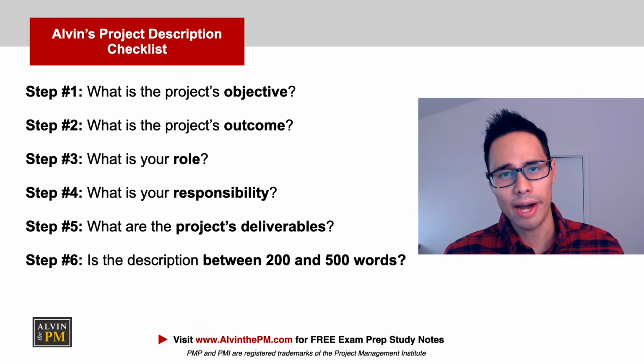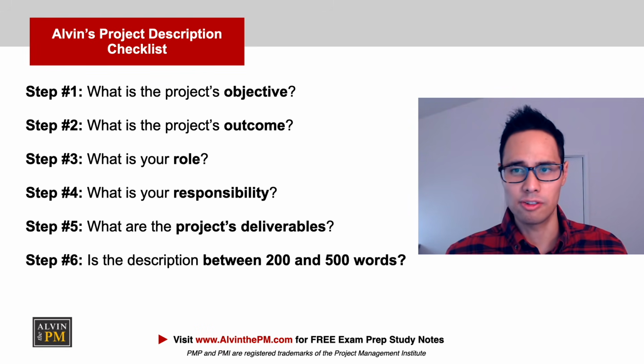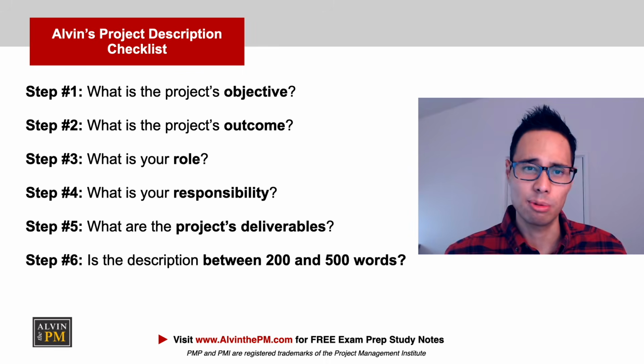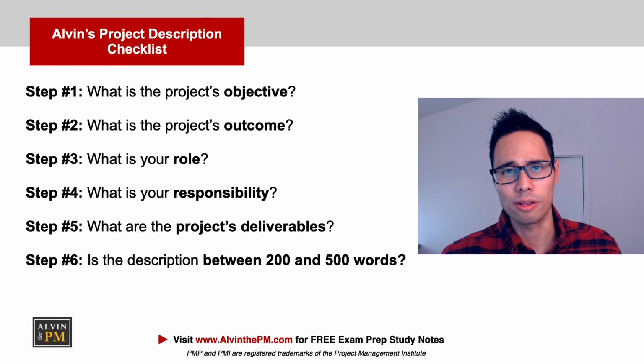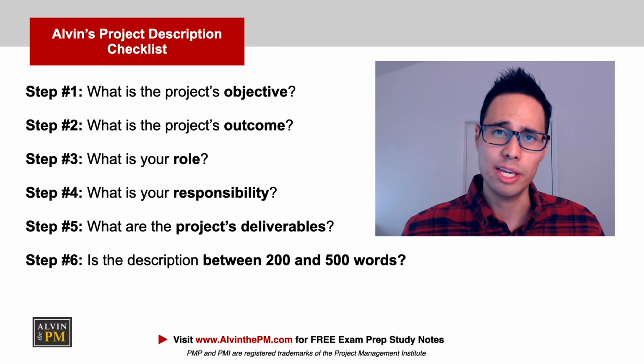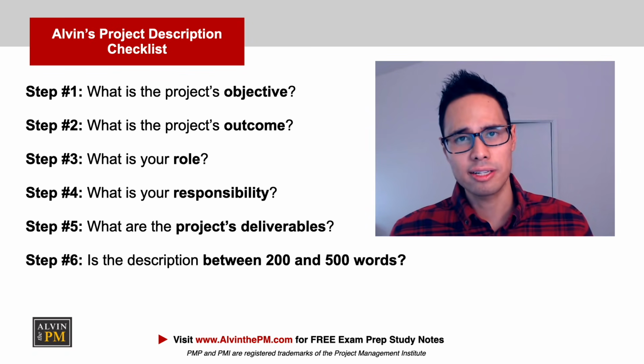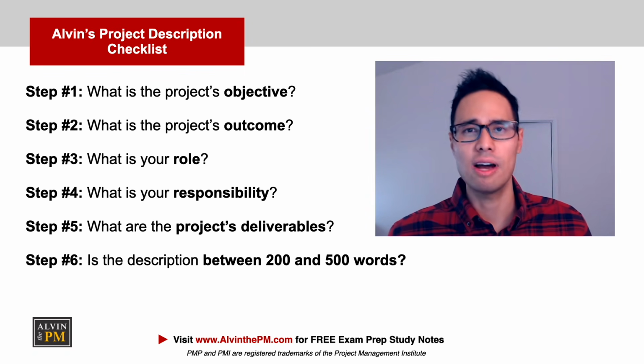For step number 5, determine what your project deliverables are. Now, these could be tangible physical items such as documents, test reports, the physical product itself, and so on and so forth. And lastly, as a final check to make sure that you have everything that you need, verify that your project description is between 200 and 500 words.